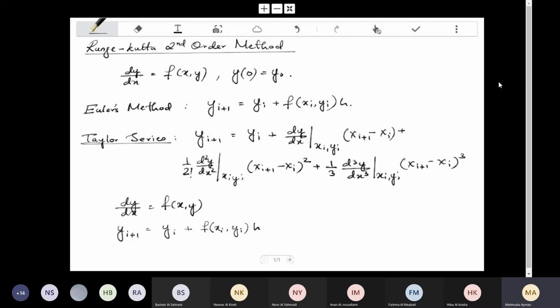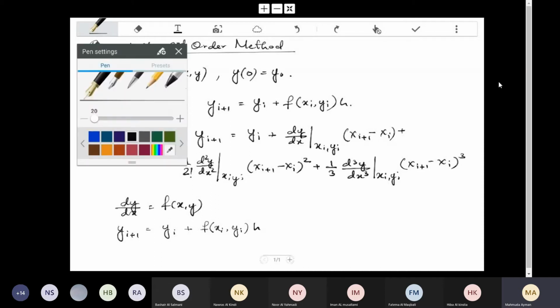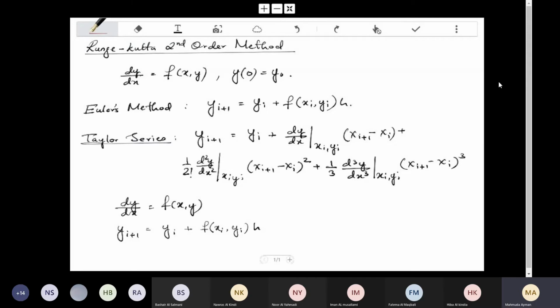We replace the distance from x i plus 1 to x i with h because that's the step size. So this one can be replaced by h, this one by h squared, and this by h cubed.